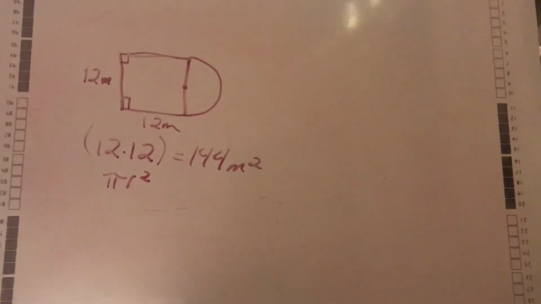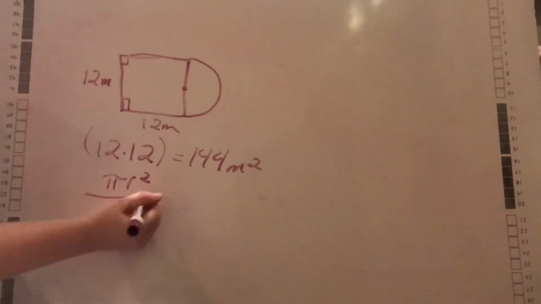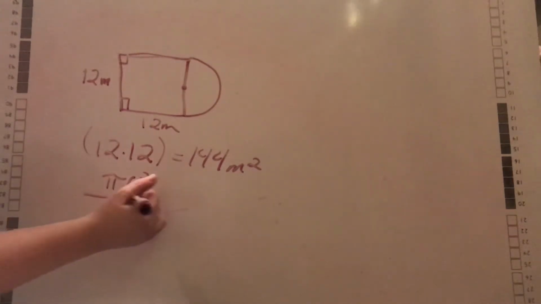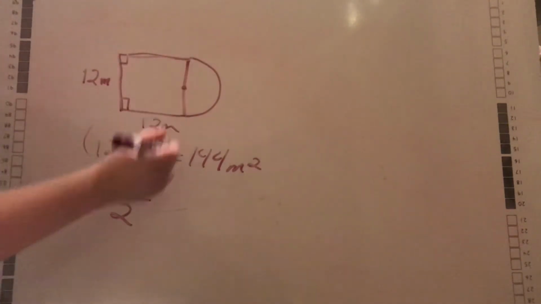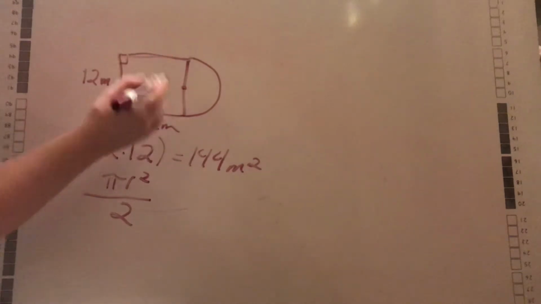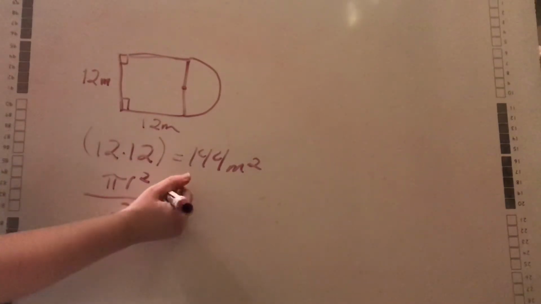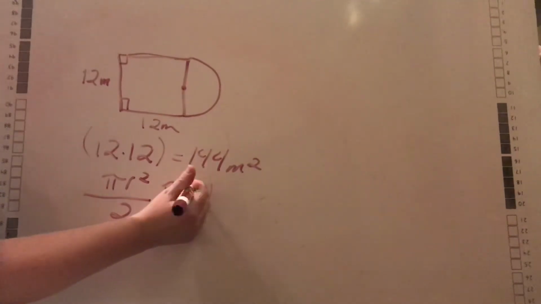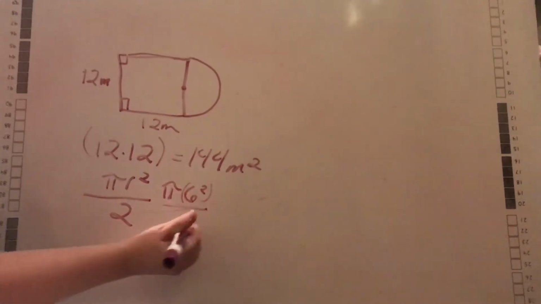And if we're going to find half of that, we would just divide all of that by 2. And so if we plug in, our diameter on this circle is going to be 12. So our radius will be 6. So that's pi times 6 squared divided by 2.